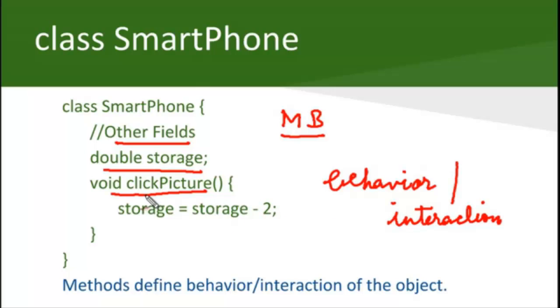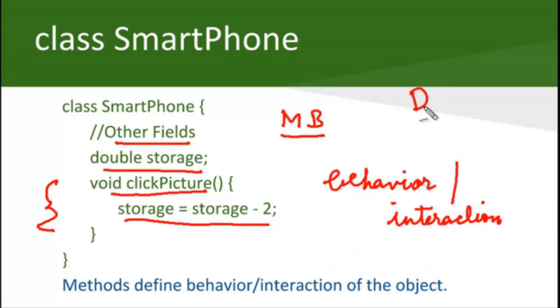When a picture is clicked, the storage decreases by 2 MB. So when an object calls this method, its storage will decrease by 2 MB. This is a function in a class, and this defines the behavior and interaction of the object.